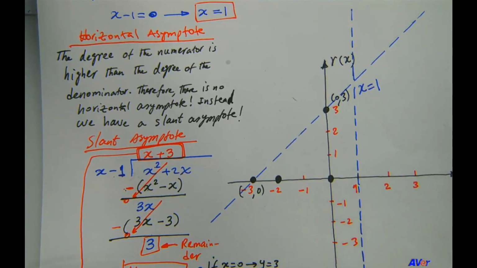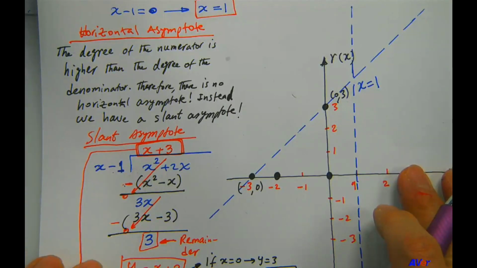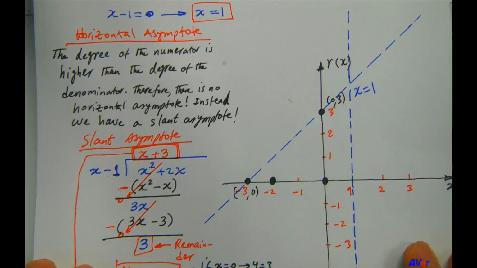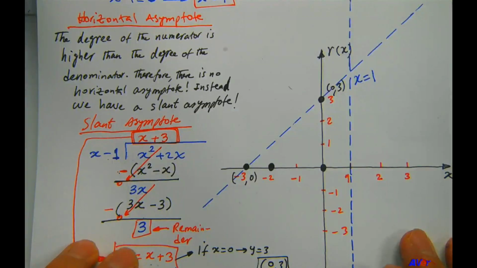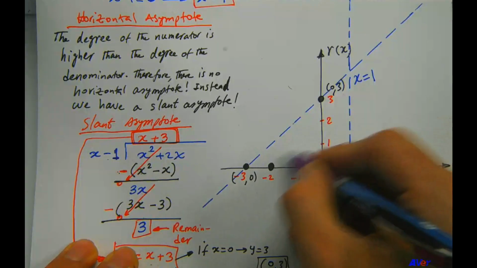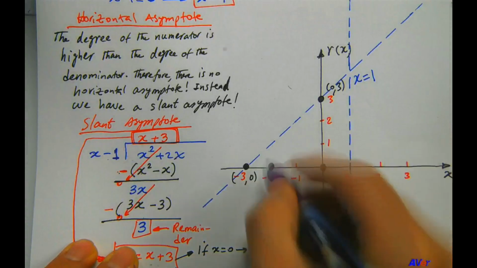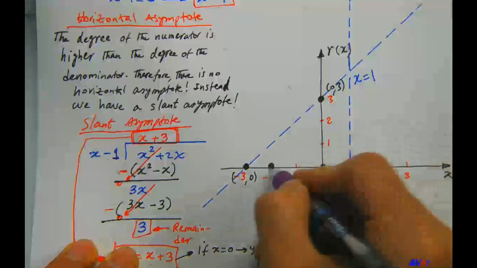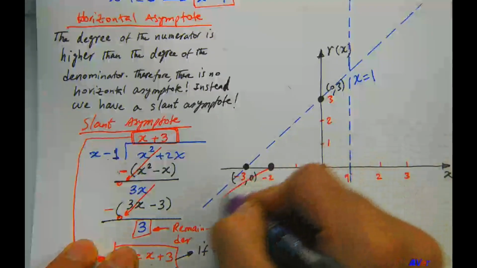Okay, so we can now draw the first piece, and the other piece would be on the other side, right? So let me draw this piece first. So it looks like this is how it is going to go. It's going to go like that.